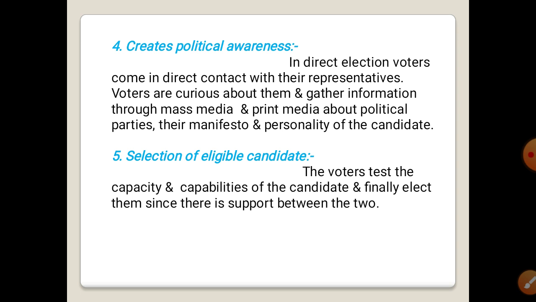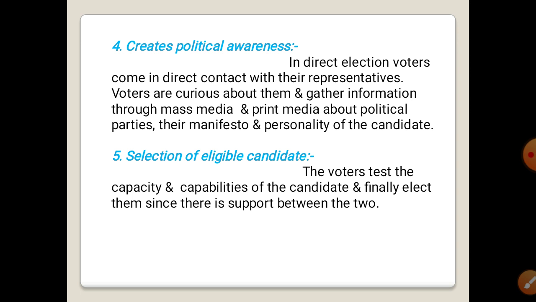So before casting their votes, people will discuss and gather information about the candidate: whether he is well educated, whether he is a hardworking person or not. They may get this information through mass media as well as newspapers, magazines, the internet and other sources. Then on the basis of that person's ability, the people will choose their representative. So direct election creates political awareness.